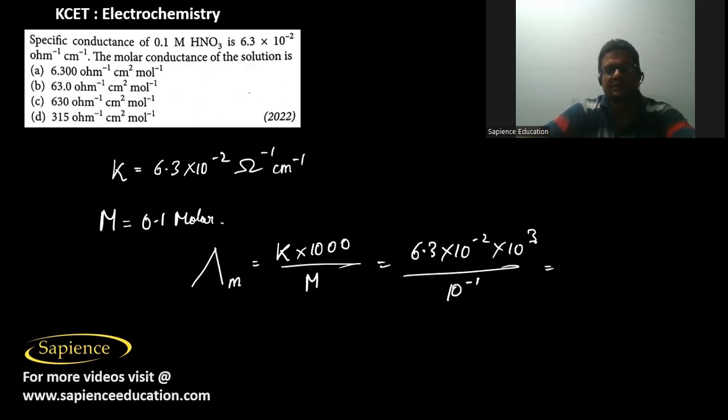So this will be 6.3 into 10 power 4 minus 2, that is 2.